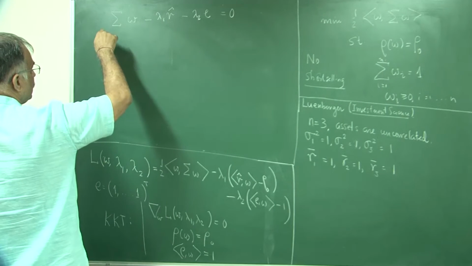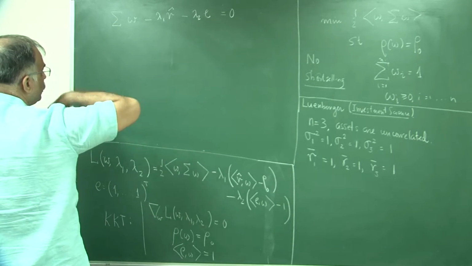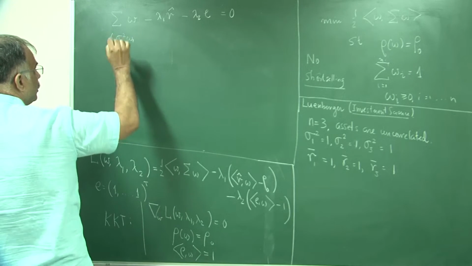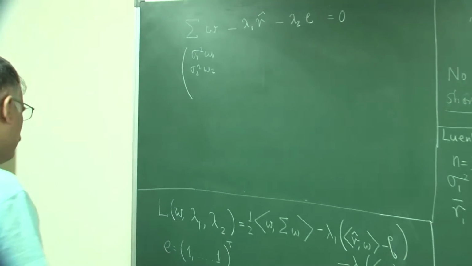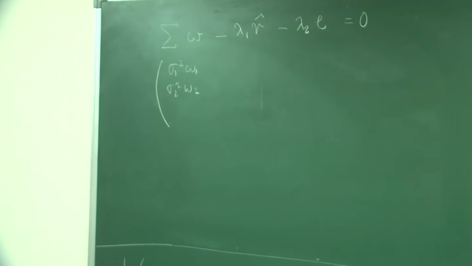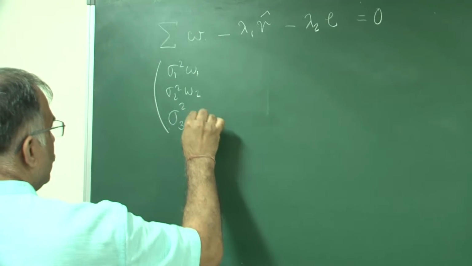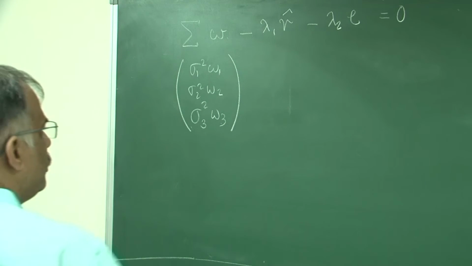So now this is nothing but sigma 1 squared, sigma 2 squared, omega 1, omega 2, omega 3. So here is a vector sigma 1 squared w1, sigma 2 squared w2. Even if I say omega in place of w, it is w. So I make this slip, so forgive me for this. It's very difficult to correct it suddenly unless I become conscious.